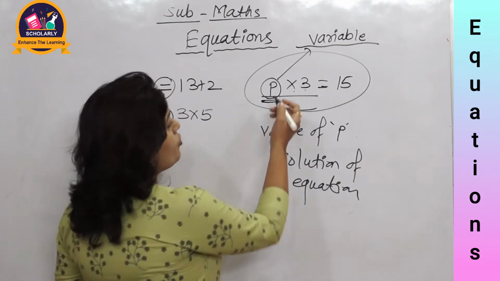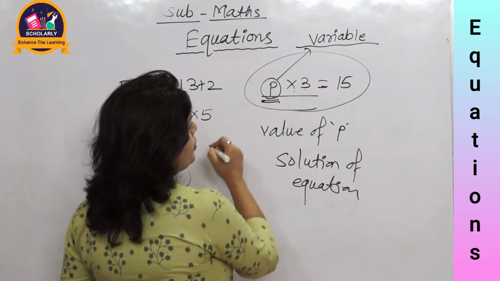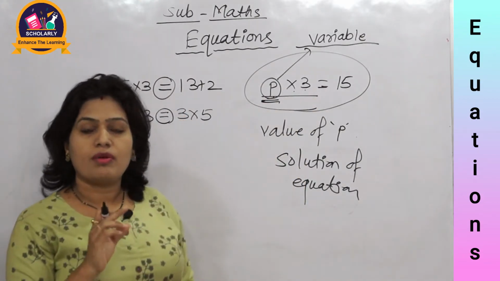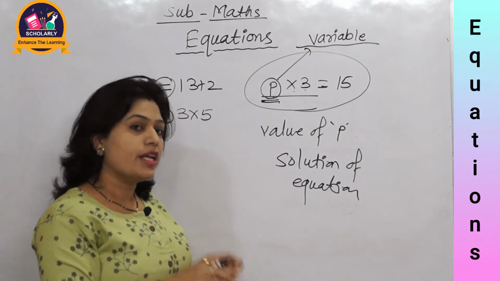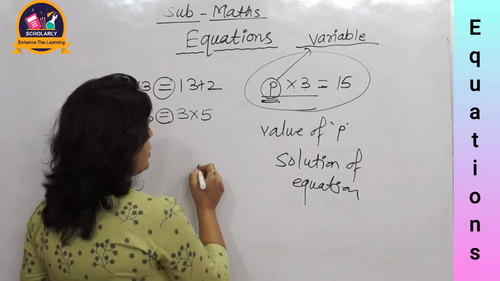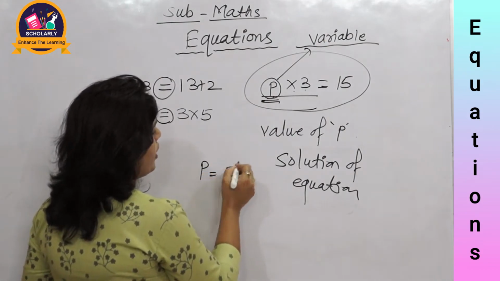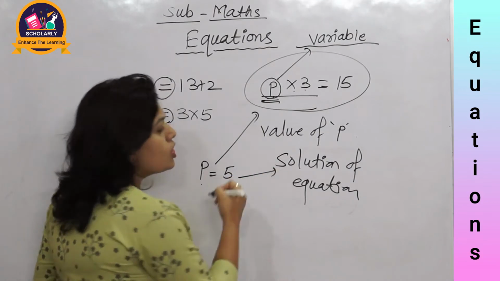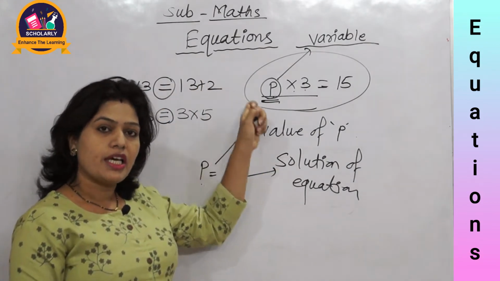And friends, we know how to find this value of P. As we know, 3 multiplied by 5 gives 15. 5 into 3 is 15. That means the value of P is 5 for this equation. P equals 5 is the solution of this equation.